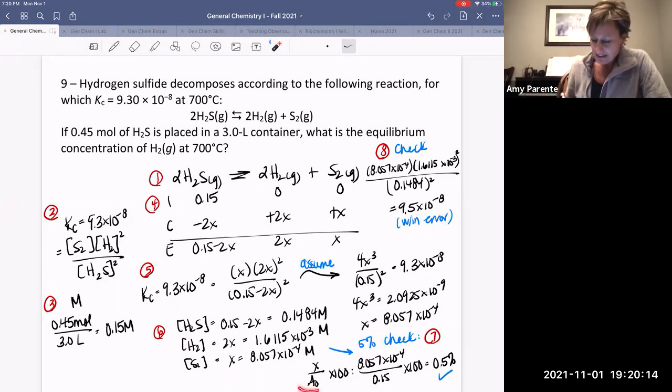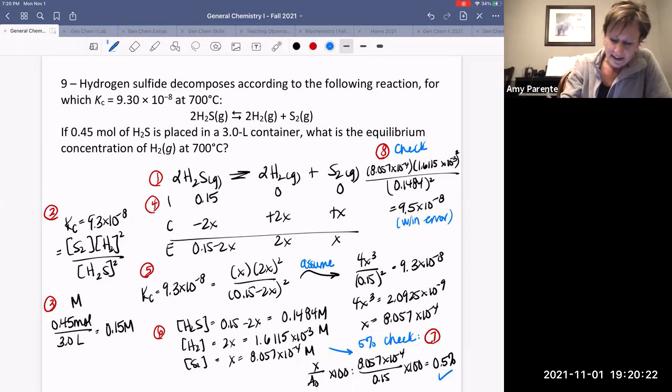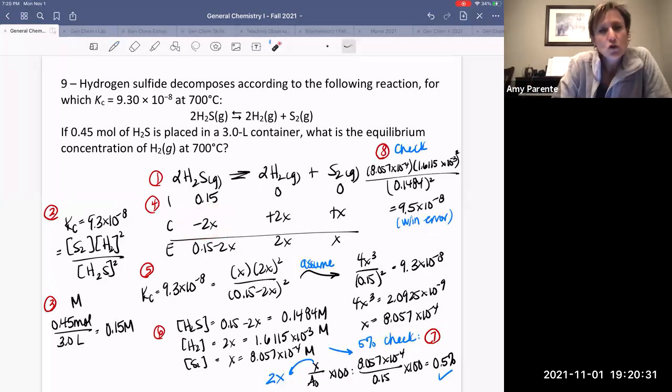So what we basically need to do is take x over our starting amount. And in reality, it's not going to matter too much mathematically here, but this probably should be 2x, because we're saying the size of our scoop is 2x, and we're making the assumption that that 2x is small. So we can see here that would still be 1%.